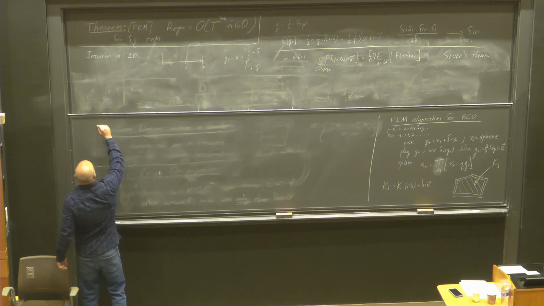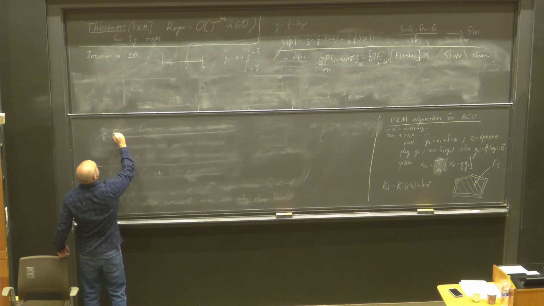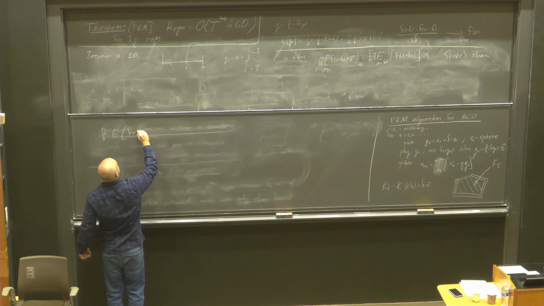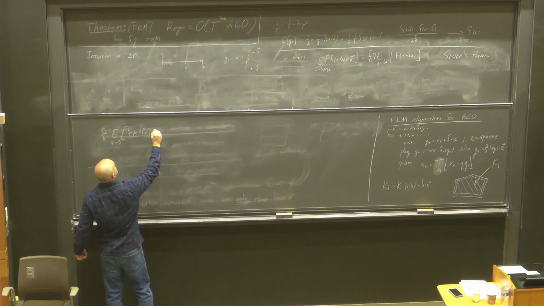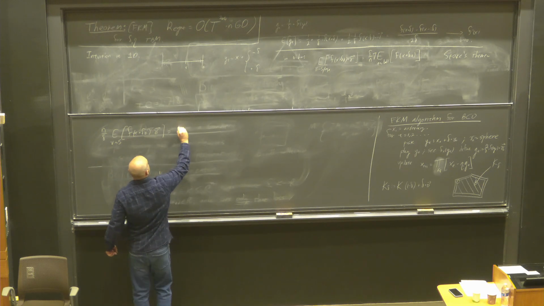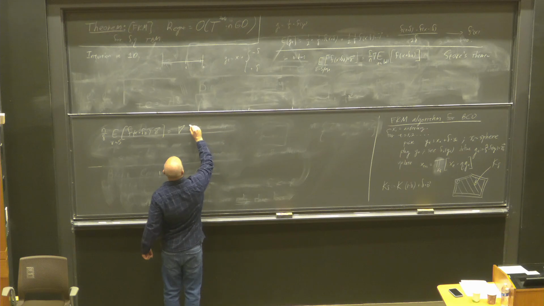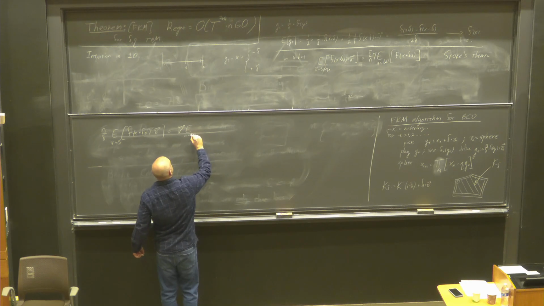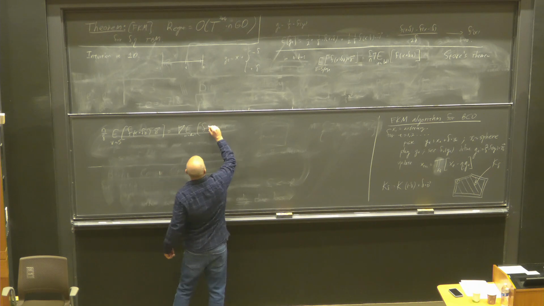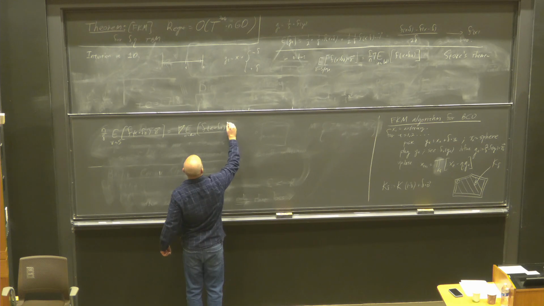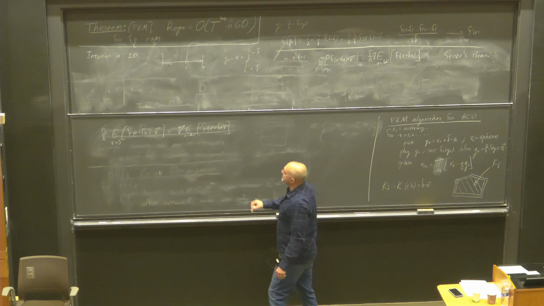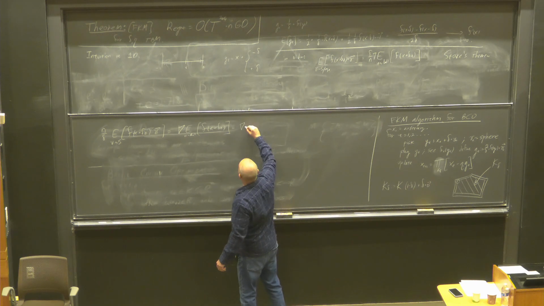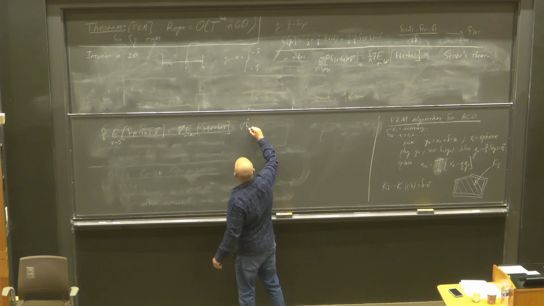So I need that the following is true: n over delta times the expectation of f of x plus delta v, where v is from the sphere, times v, is equal to the gradient of the expectation, with u in the ball, of f of x plus delta u. And this I'm going to define as the gradient of f delta hat at x.